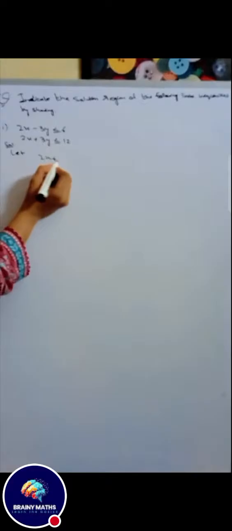Alright, before we had one inequality and we had to show it on the graph. But right now they have given us two inequalities and we have to show both of them on the graph. So let's begin how to solve it. Same procedure. First we solve the first inequality, then we go on to the next one. Let the solution be: 2x minus 3y less than or equal to 6.